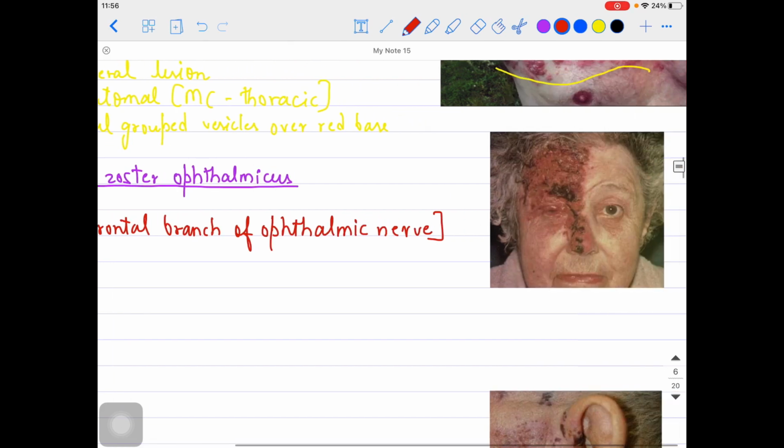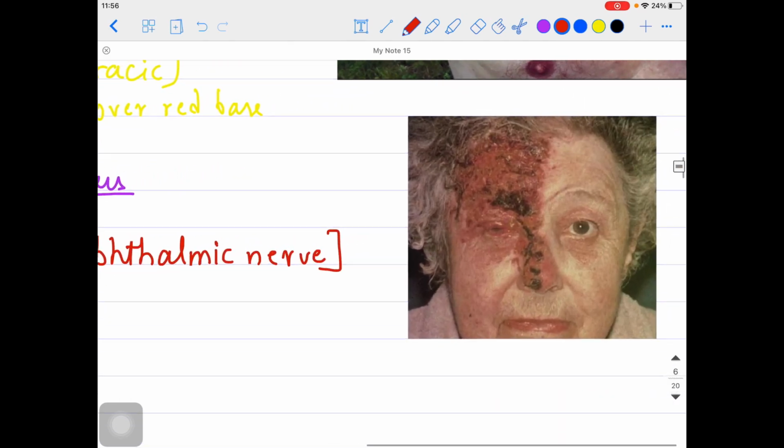So what kind of lesion can you expect over here? As you can see, the eye is involved, isn't it? If you make the midline over here, this is not crossing the midline, present on the unilateral side and involving the eye.